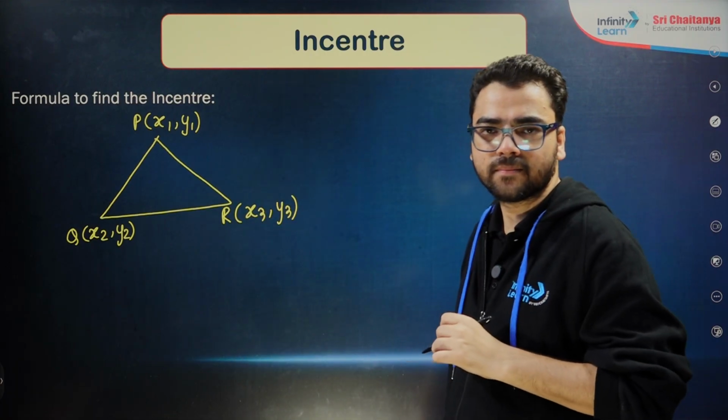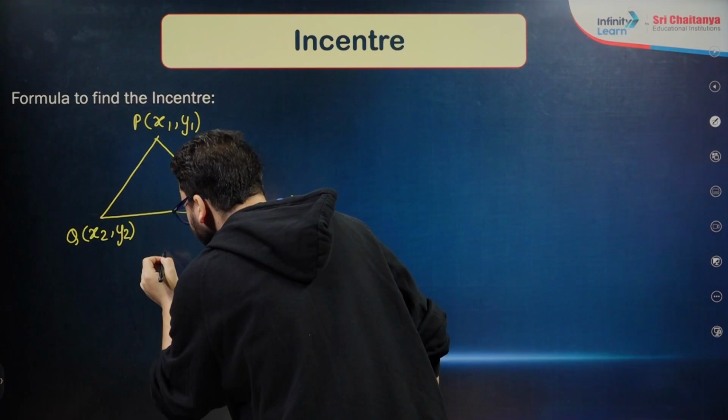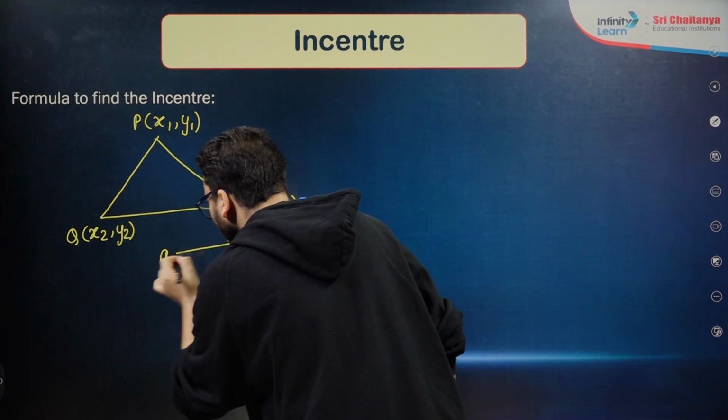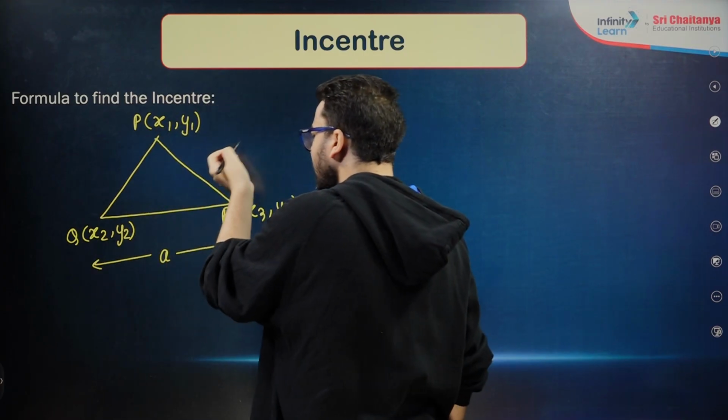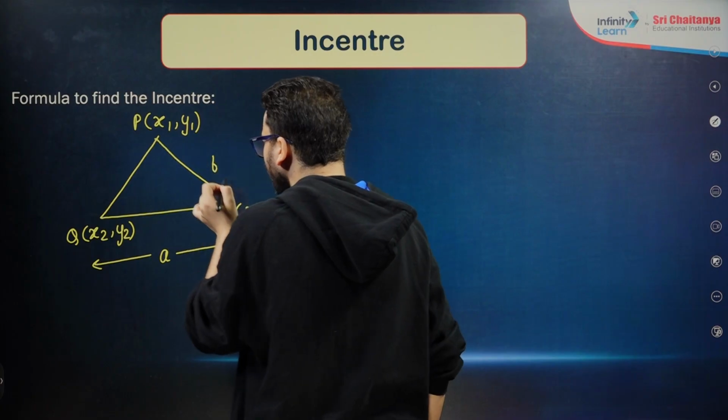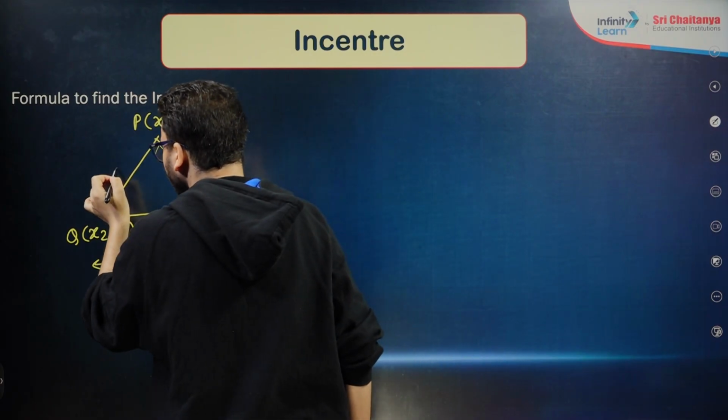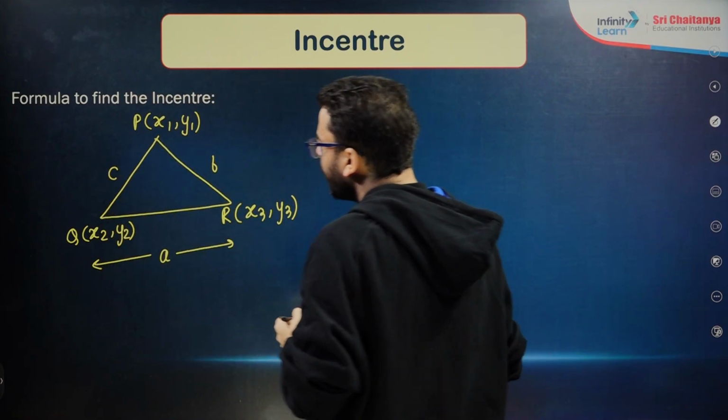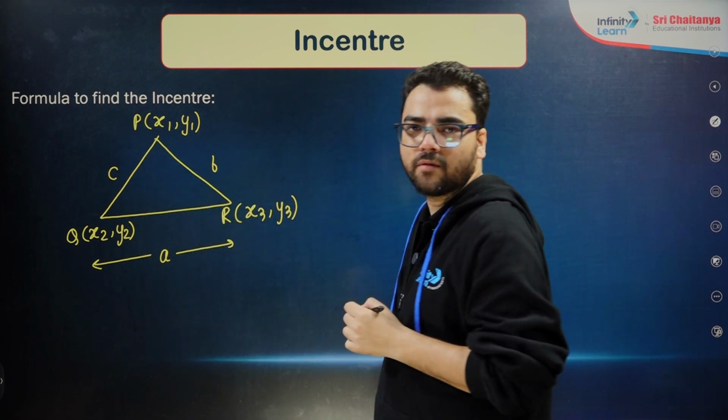Suppose the length of the side opposite to P is a, the length of the side opposite to Q is b and the length of the side opposite to R is c. We want to find the coordinates of the in-center of this triangle.